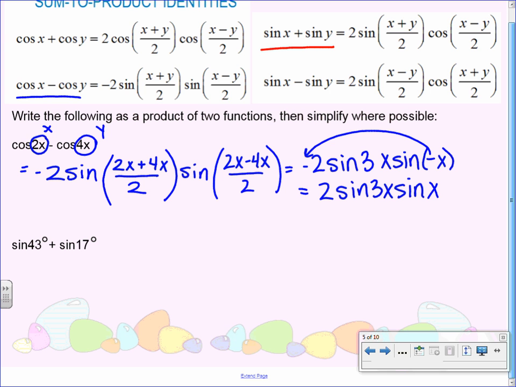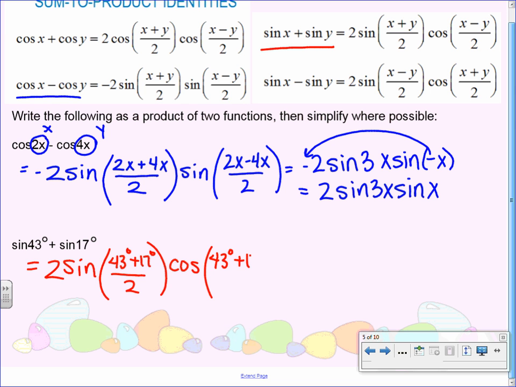All right, so that is going to be 2 sine, add my angles, 43 plus 17 over 2. Cosine, subtract your angles, 43 plus 17, nope, I just said subtract and I wrote add. Why did I do that? Minus 17 over 2.